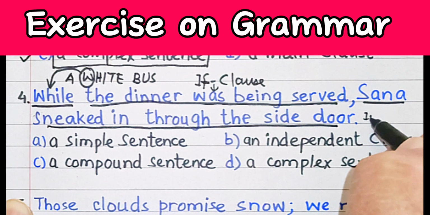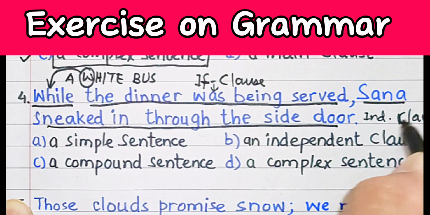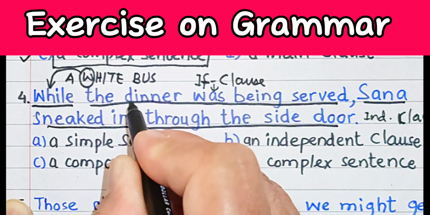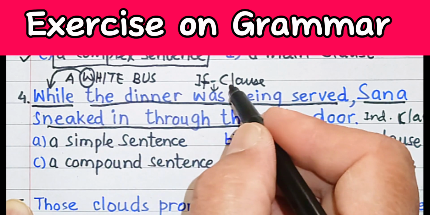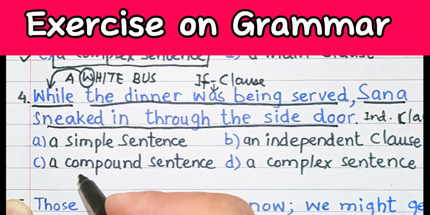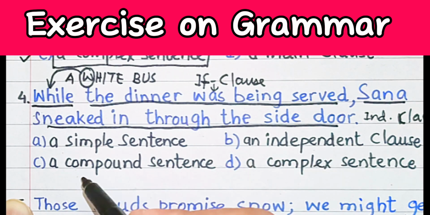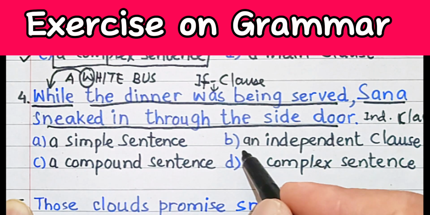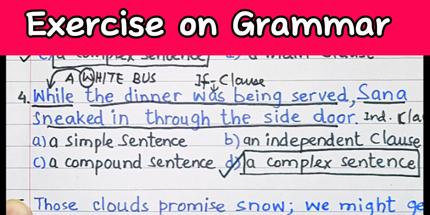So this one is an independent clause. So one independent clause preceded by a while driven or an if clause, that is a combination of a complex sentence. So once again, it is an example of a complex sentence.